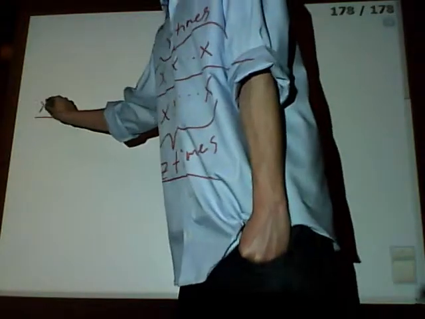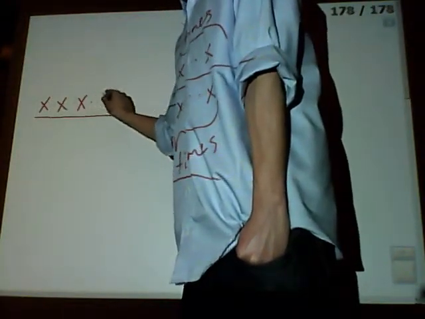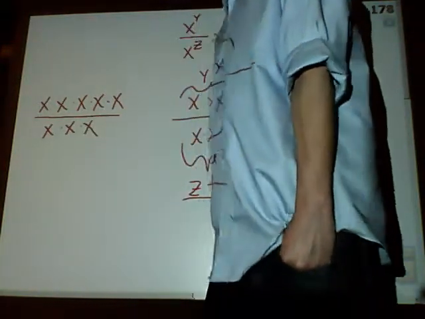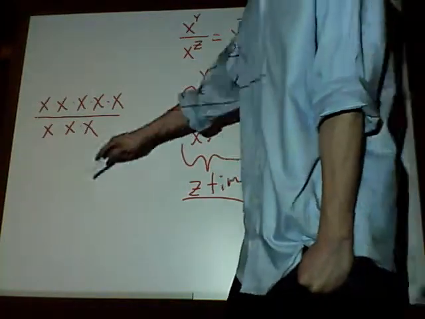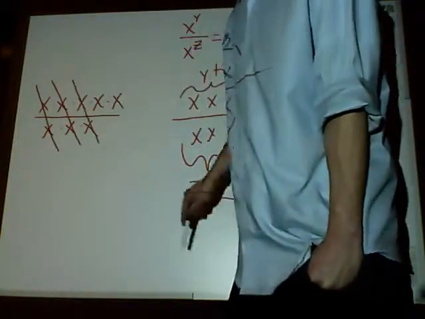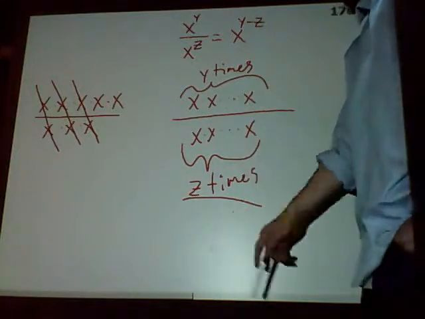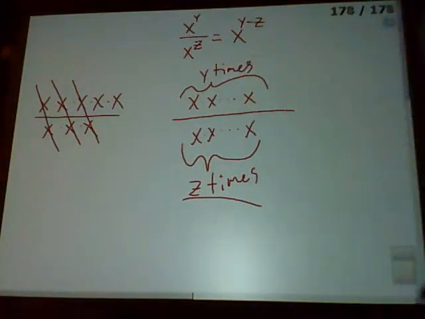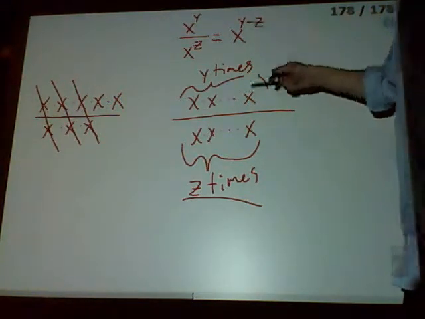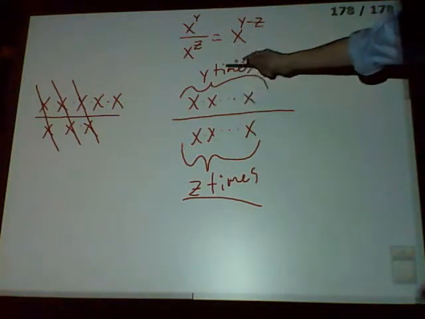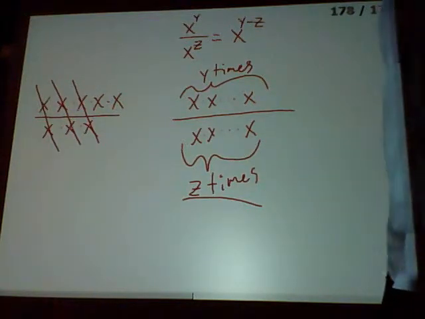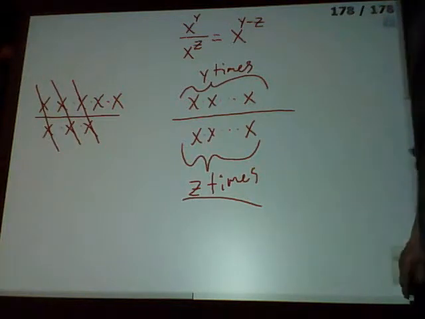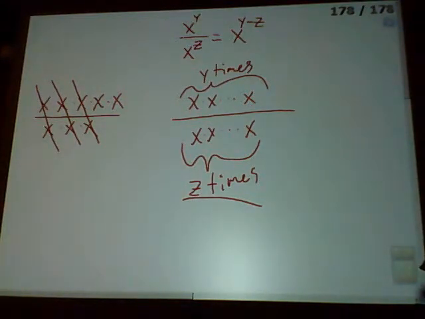So let's say I had 5 x's on top, and let's say I had 3 on the bottom. Then now I'm going to have 5 minus how many? 1, 2, 3. All right, so we would have x squared. So I hope you see how if I canceled off z of them, then we would be left with y minus z, because the ones on the bottom are going to help us cancel. So after I cancel z of them, we're only going to be left with y minus z after I take away z of them.